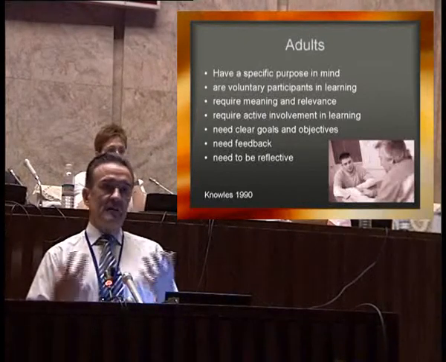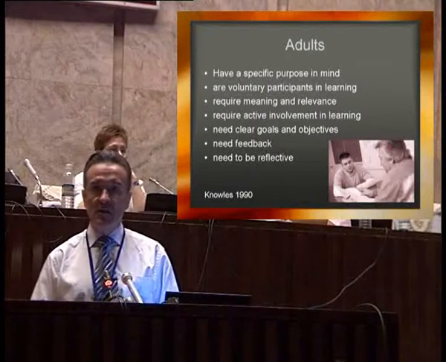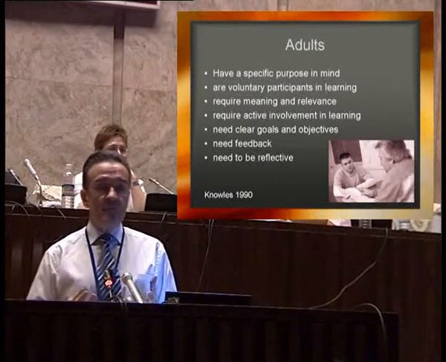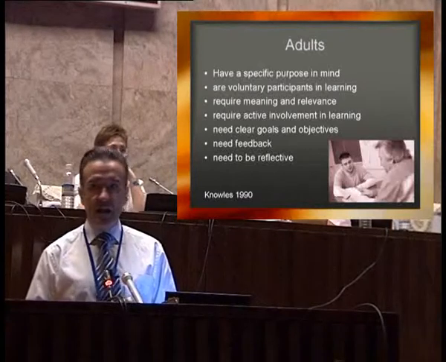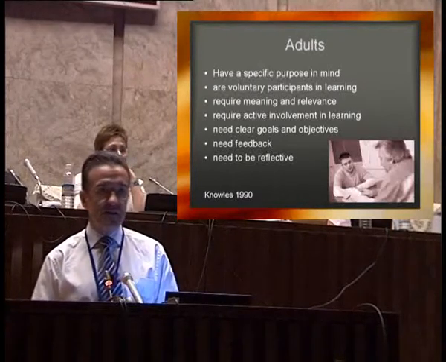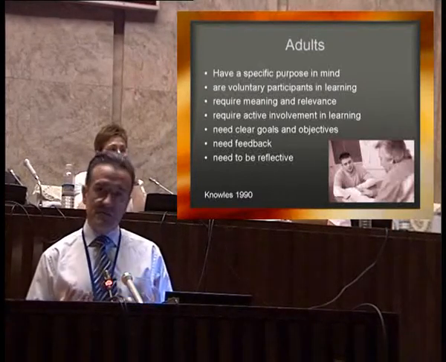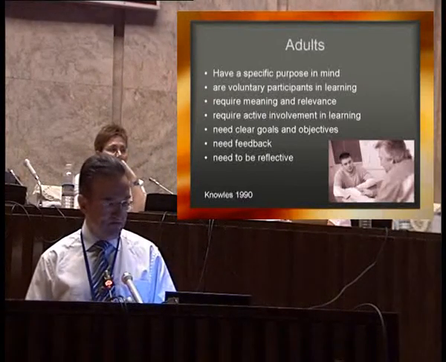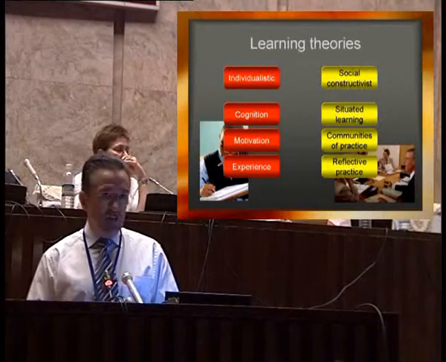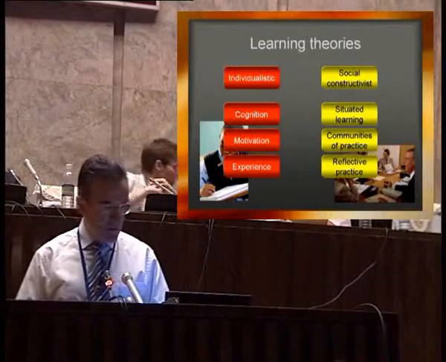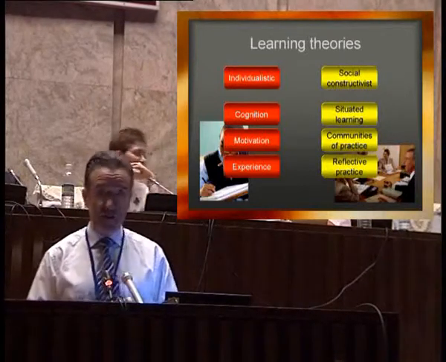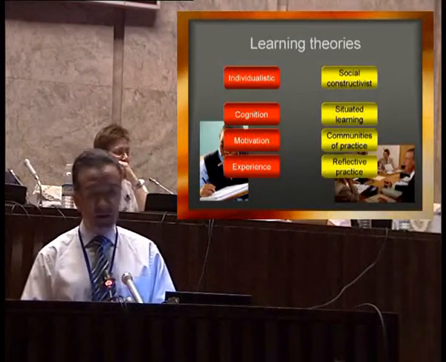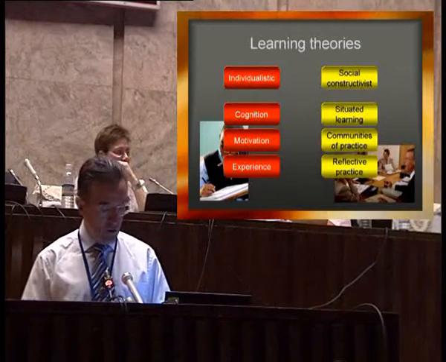A lot of medical education has been based on this perception of what adults need to know. But as I say, this is not really a theory in the strictest sense, because the data to back it up is rather weak. If we look at true learning theories, they fall into two categories: the individualistic ones, which are based on psychology, and the social constructivist ones, which take a more sociological approach.